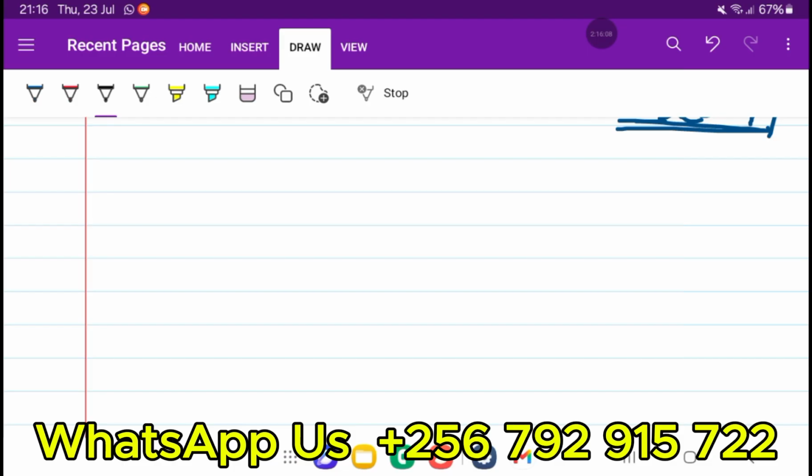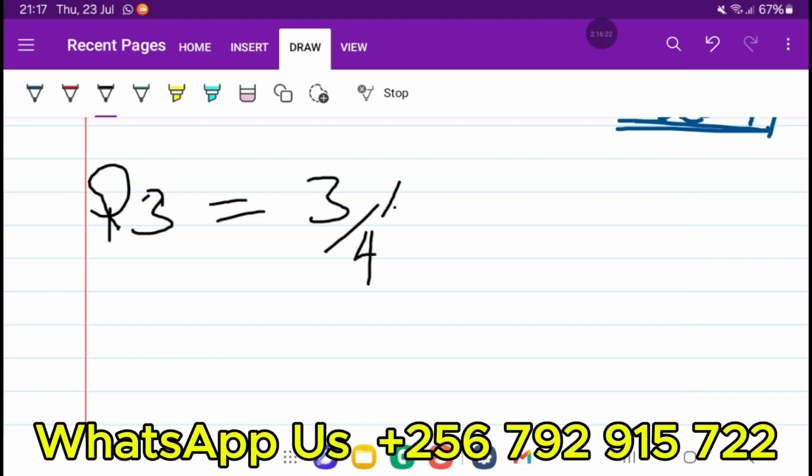So the number we are picking, let me compute Q3. Q3 is 3 out of 4 times n, or summation f. So it is 3 out of 4 times 100.